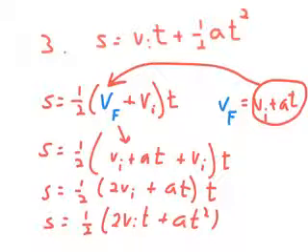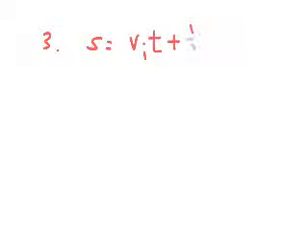I'm going to go to another page now. If I distribute the 1/2, that is the third equation, which is s equals, then the 1/2 times the 2 cancels, you get v sub i times t plus 1/2 at squared.